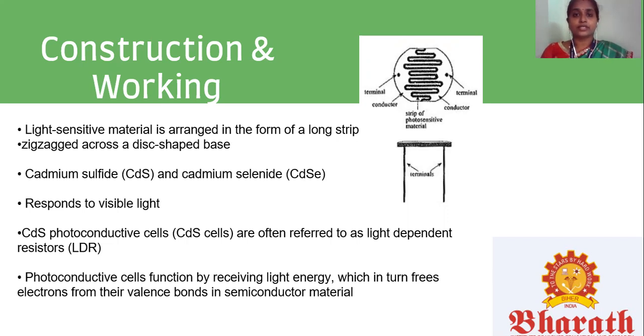Cadmium sulfide (CdS) and cadmium selenide (CdSe) are two materials normally used in photoconductive cell manufacturing. Both respond rather slowly to changes in light intensity.